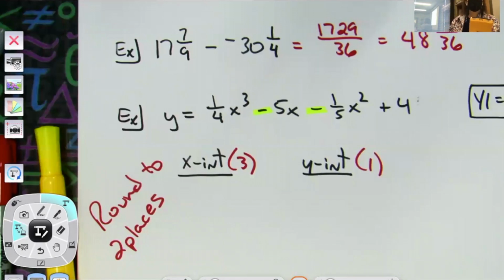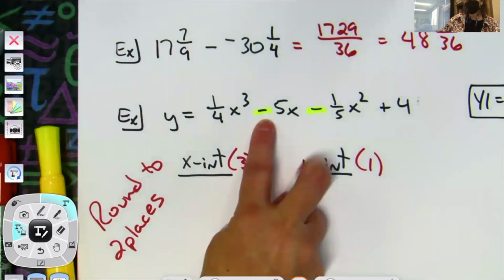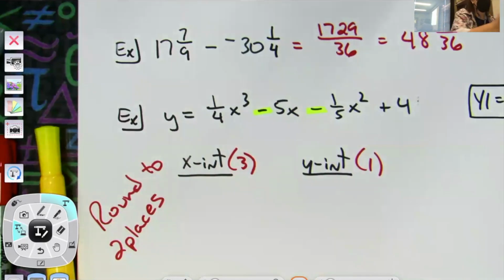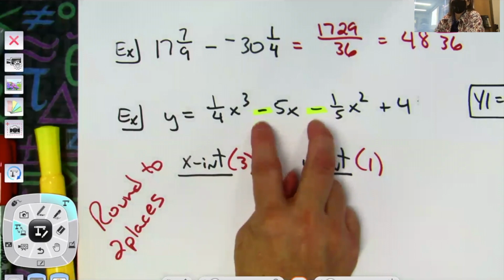Okay, so it's coming up. I went in and I pressed the minus button, and all I did was put it on top of here and then hit the minus. I put it on top of here and hit the minus, and then I went to the end and then it graphed it. Okay, so it had to be in the way you were entering those 2 signs right there.